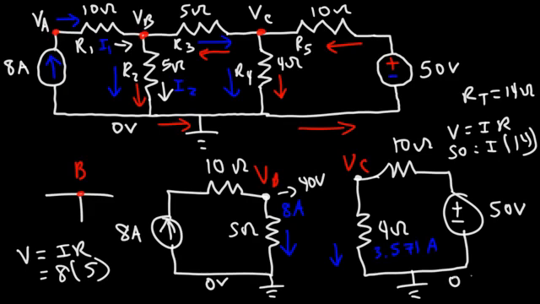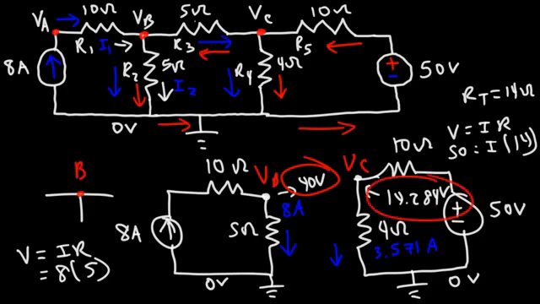Now the potential here is 0, so if we multiply the resistance by the current, using this same process again, we can get the voltage across that resistor. So 4 times 3.571 gives us a voltage of 14.284 volts. So notice that VB is significantly larger than VC.